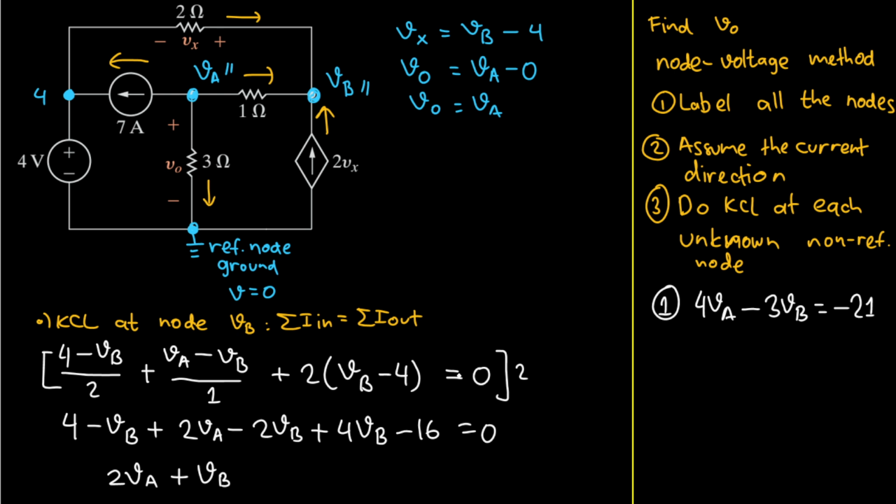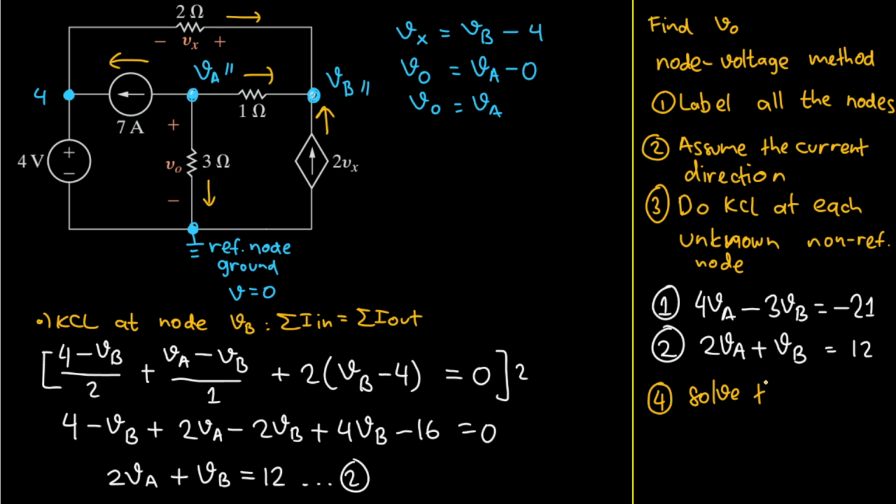So we will have 16 minus 4, that will be 12, right? And I think that is our second equation. So equation number 2 is 2VA plus VB equals 12.